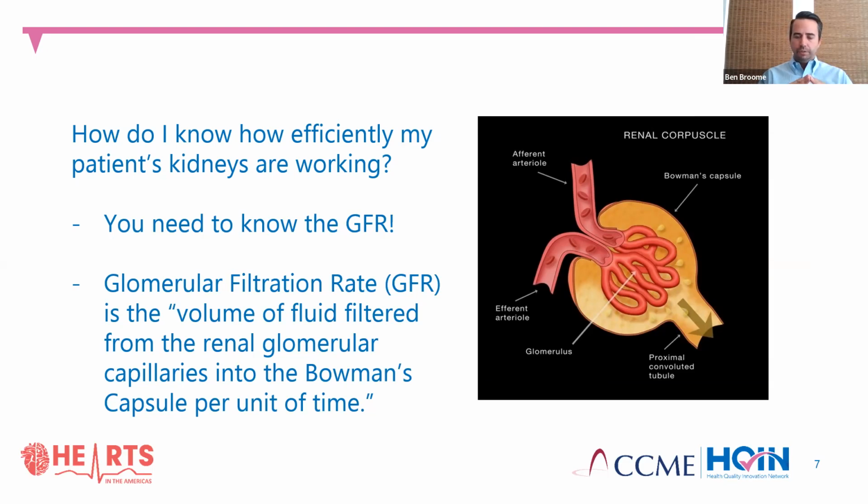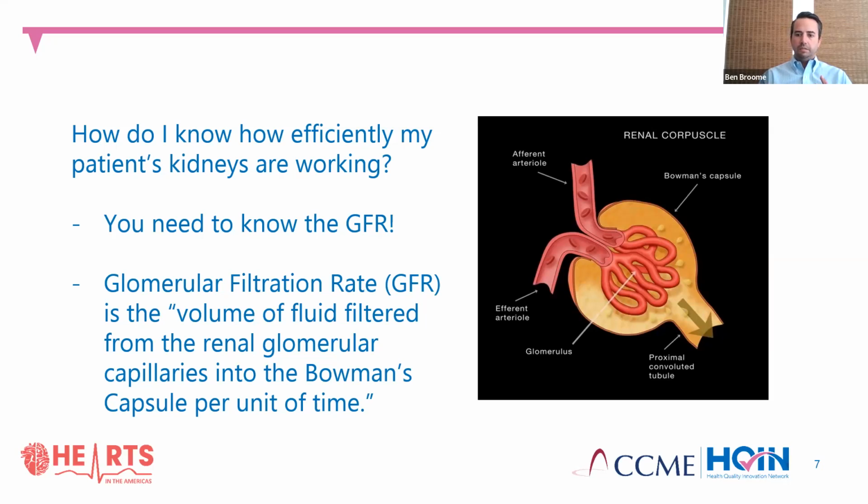If you can see on the schematic I've got there, we have our afferent arteriole, so that's blood coming into the kidney. It enters this web of capillaries called the glomerulus that is surrounded by an open space called Bowman's capsule. That blood is filtered. That's the beginning of the formation of urine.